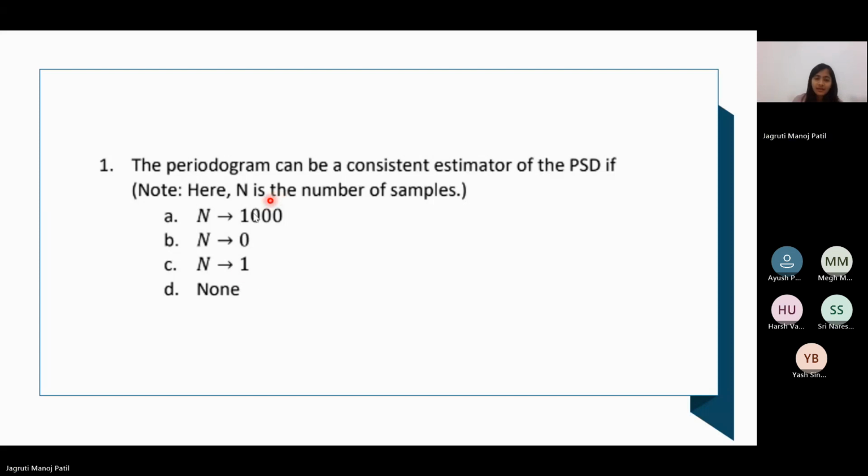We saw that for a consistent estimator, the bias and the variance, or the mean of it, was some estimator over there, but we didn't see any constraint on the number of samples. So it's actually none, because even if it tends to infinity, it can be biased or unbiased. If you just take a single sample, it won't be. You can't actually determine the PSD of it. I hope you got the difference.